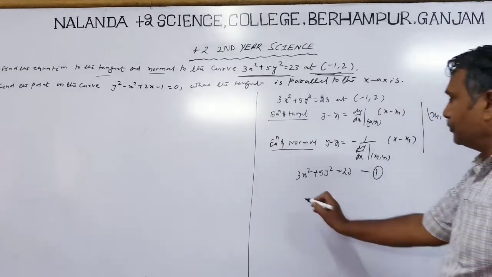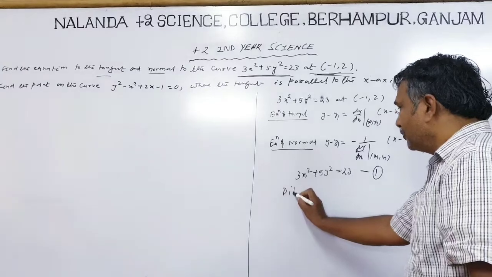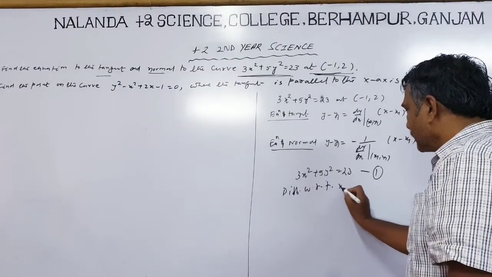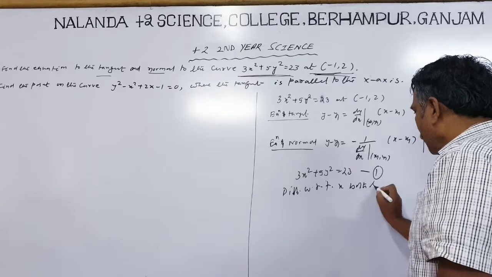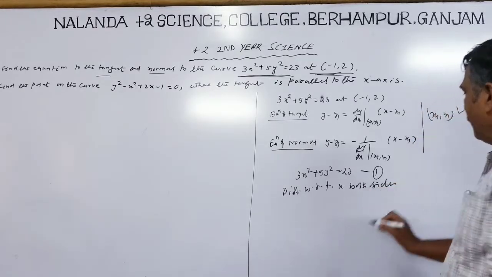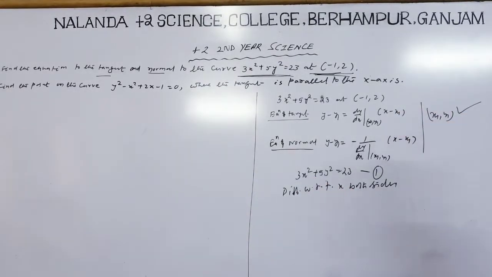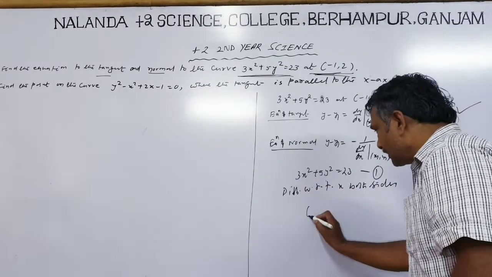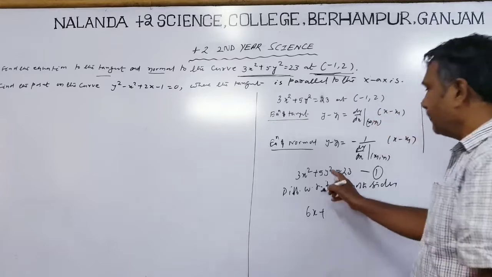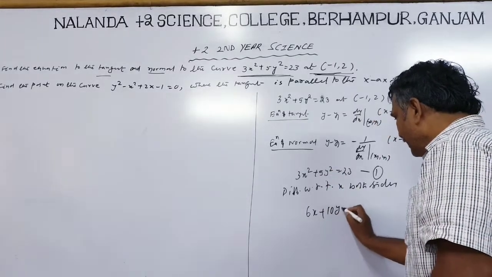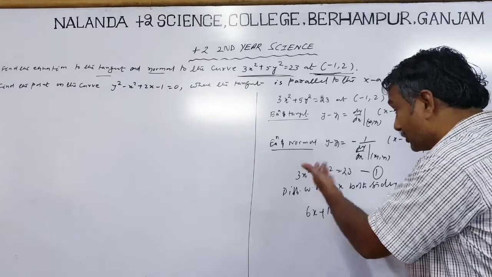Now differentiating with respect to x, both sides. What is the derivative of x square? 2x. So 2 into 3, 6x. What is the derivative of y square? 2y. So 10y into dy by dx with respect to x.